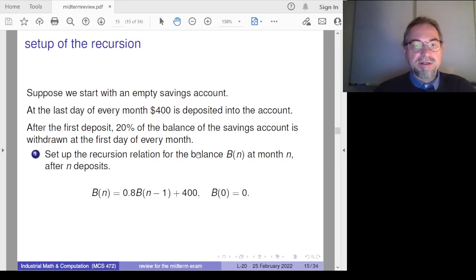Okay, so here is the setting up of the recursion. So the balance is each time augmented with 400, but the balance, so to the 400 we add 80% of the balance of the last cycle.